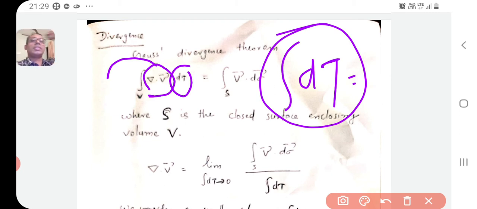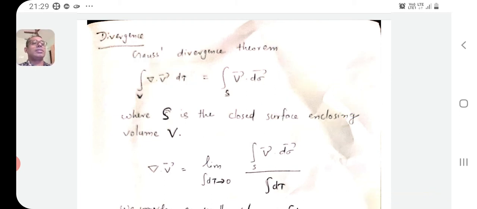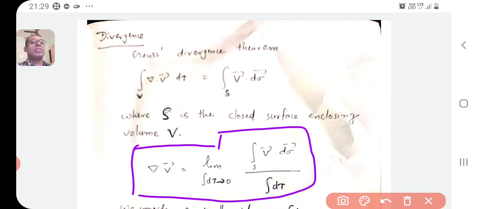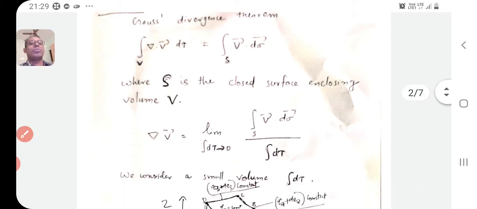So that's how we take the del dot V outside. Okay, so we can write del dot V as equal to limit the surface integral V dot d sigma over integral d tau.